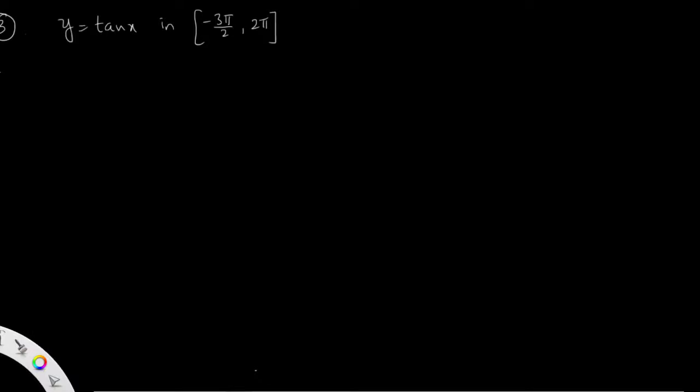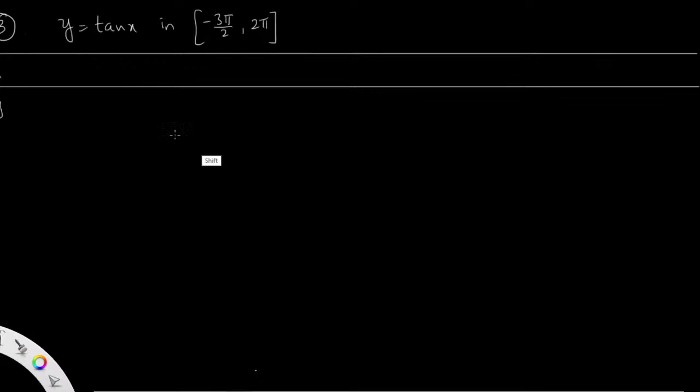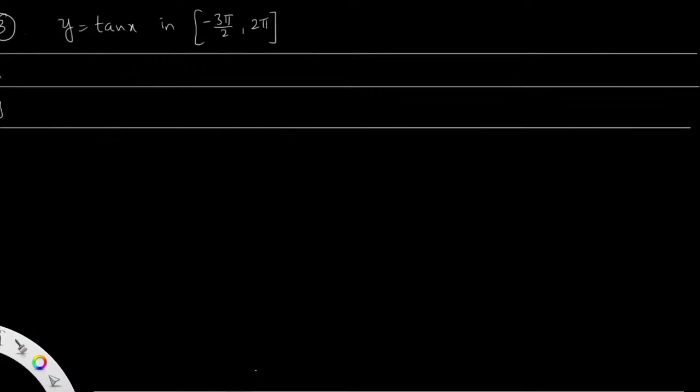So I am taking the x-axis as x and y. The values start at minus 3 pi by 2, and then minus 5 pi by 4, and then minus pi, minus 3 pi by 4, minus pi by 2, minus pi by 4, and then 0.